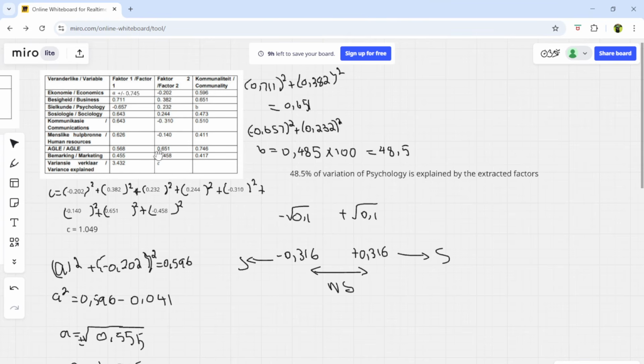There are four types of rotation. There's the Varimax rotation, there's the principal component rotation. I forgot the other two, but they are there in the slides.